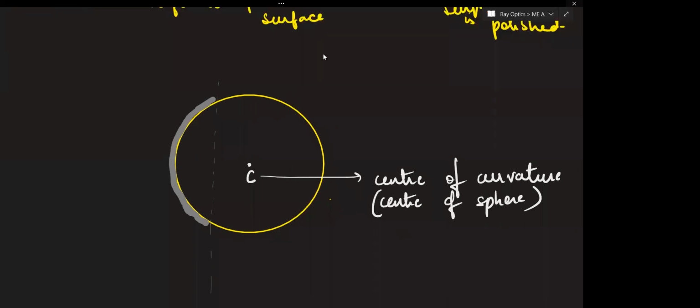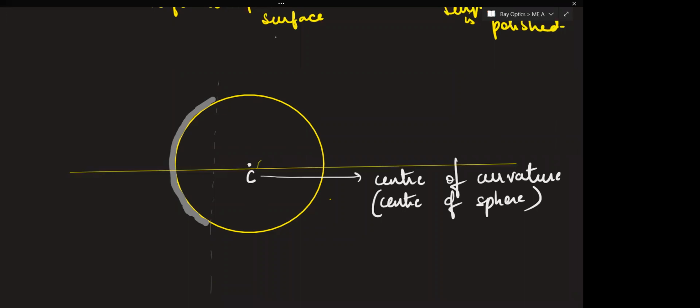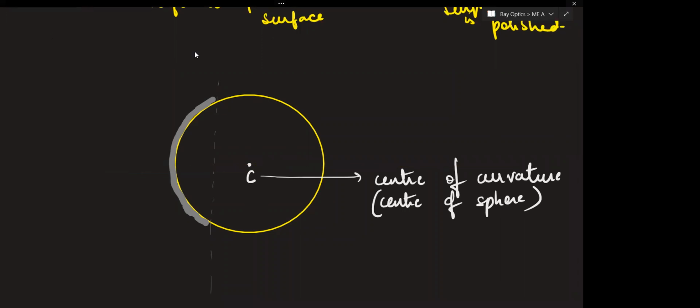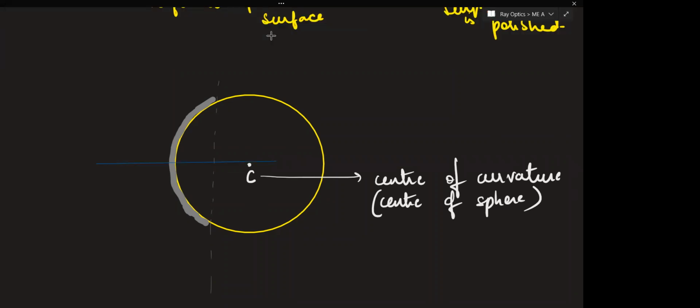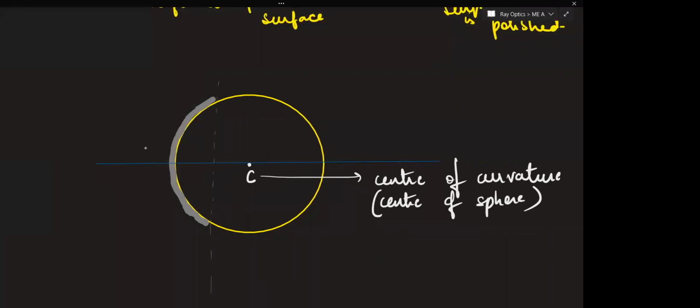Before we move on to pole, let's study the principal axis first. This is a line that passes straight away from the mirror, a straight line that passes through the middle point of the sphere.